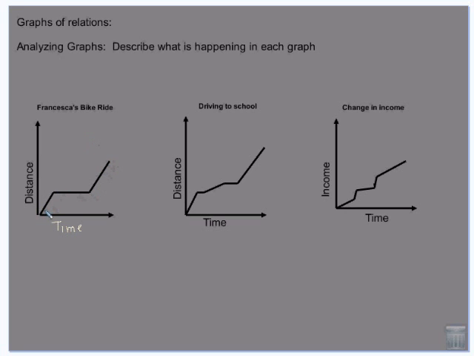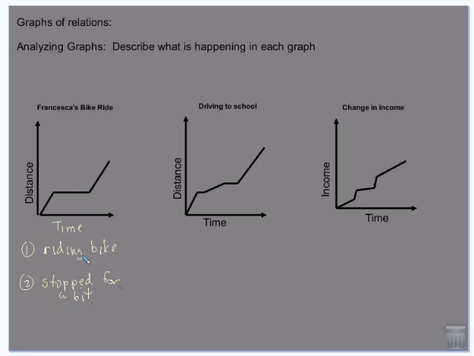So in this portion of the graph, she's increasing. So like the first part, her distance is increasing, so she's riding her bike, right? And then here, time is passing, but the distance isn't going up, so she stopped for a bit. Yeah, she stopped.